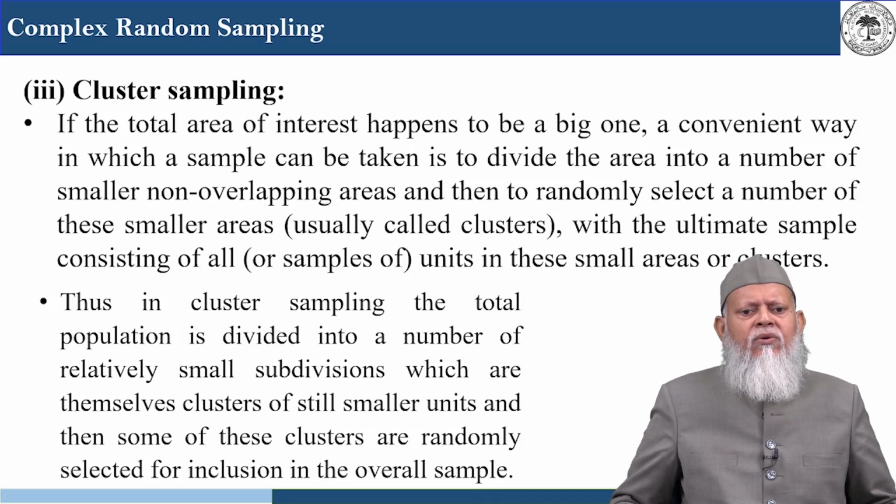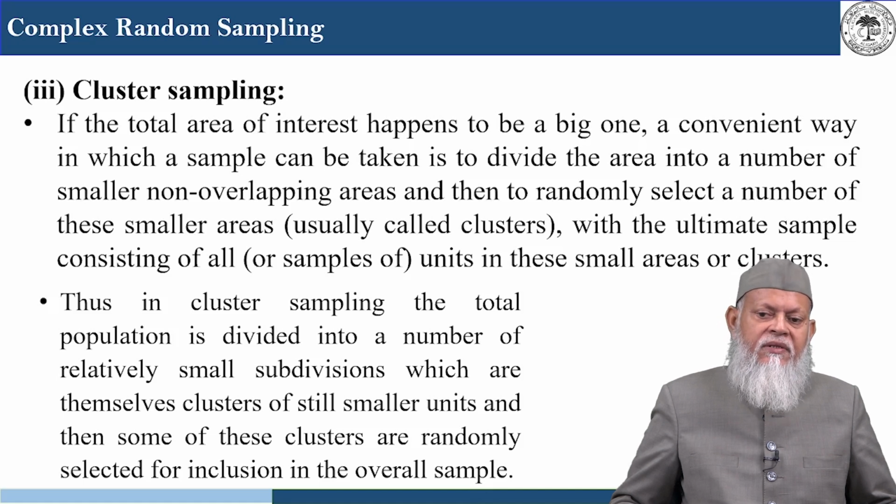If the total area of interest happens to be a big one, a convenient way in which a sample can be taken is to divide the area into a number of smaller non-overlapping areas, and then to randomly select a number of these smaller areas, usually called clusters, with the ultimate sample consisting of all units in these small areas or clusters.